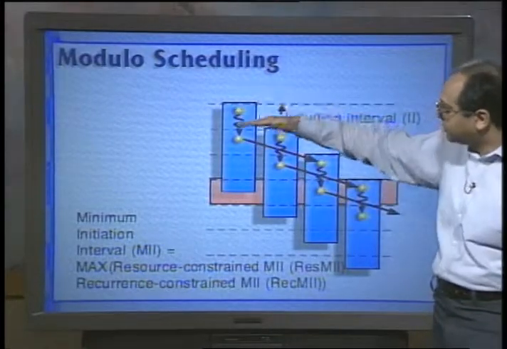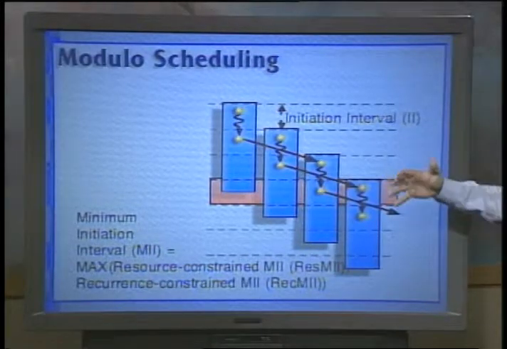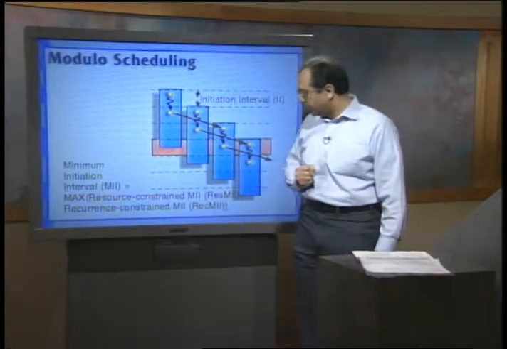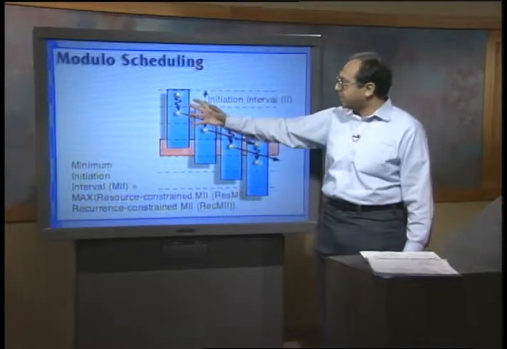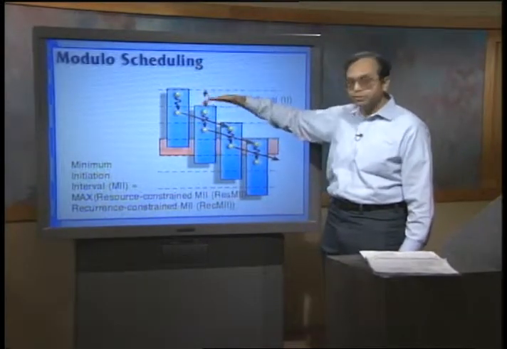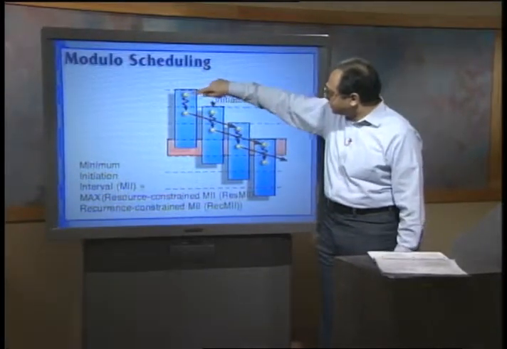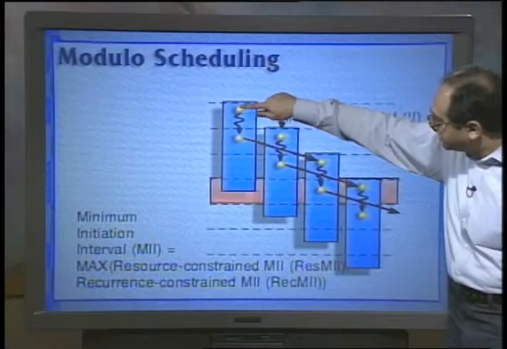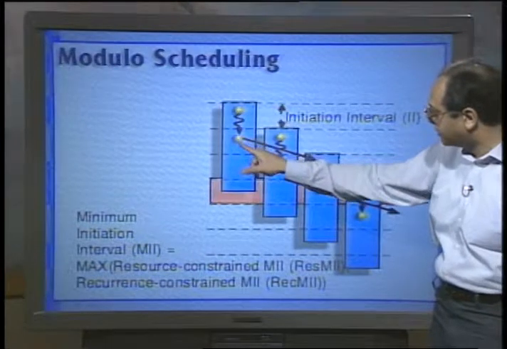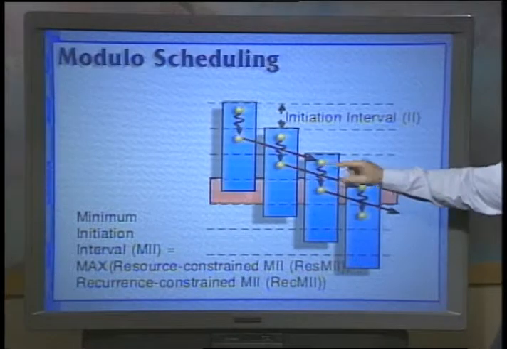One is that we cannot initiate successive iterations at a higher rate than the critical resource, the most heavily used resource, can accommodate. So if, for instance, we have 6 add operations per iteration and 2 adders, we cannot initiate this sooner than once every 3 cycles. Also, consider an operation that is the predecessor, directly or indirectly, of a second operation, which in turn is a predecessor of the first operation but in the third iteration.